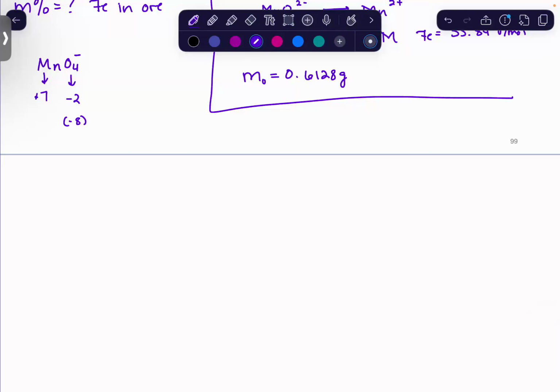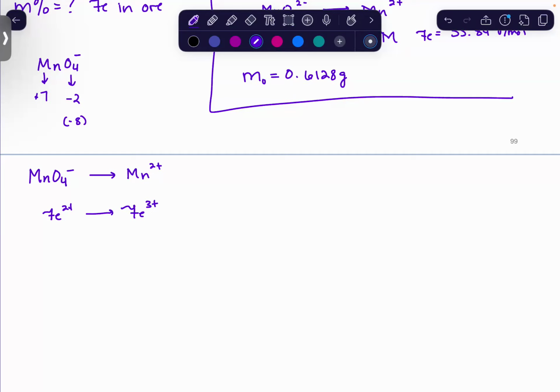Okay, so half reactions. If you want to put potassium in here as an ion, you can, but when you add your equations together and cancel what's the same on the left and right, potassiums will cancel out. And then your oxidation half reaction, so iron 2 becomes iron 3.